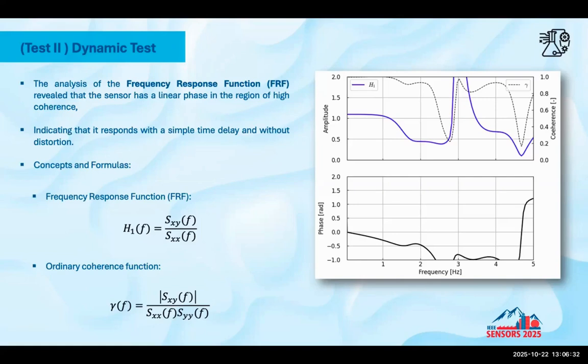Here is the phase of our system. We can see the phase is linear when we have high coherence. These are very good results, indicating that its response is a simple time delay without distortion in the frequency range where we are interested.